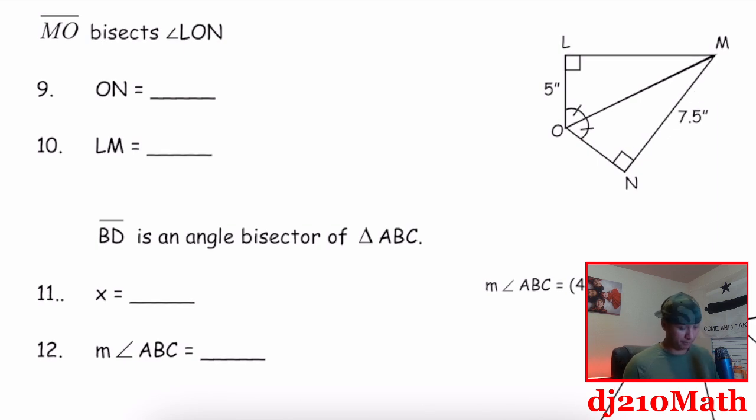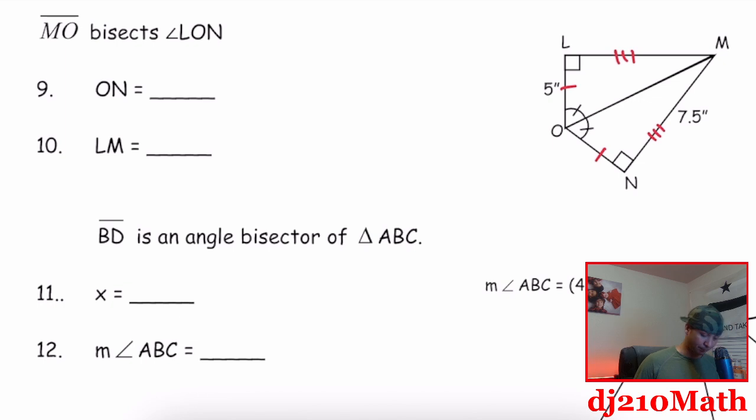Segment MO bisects segment LON. All right, so it's already marked for us. Some things to consider. What's congruent, right? These are congruent. These are obviously congruent. And then these are congruent. Well, technically, it's not congruent, because there's nothing that it is congruent to. But both triangles share a side. Okay.